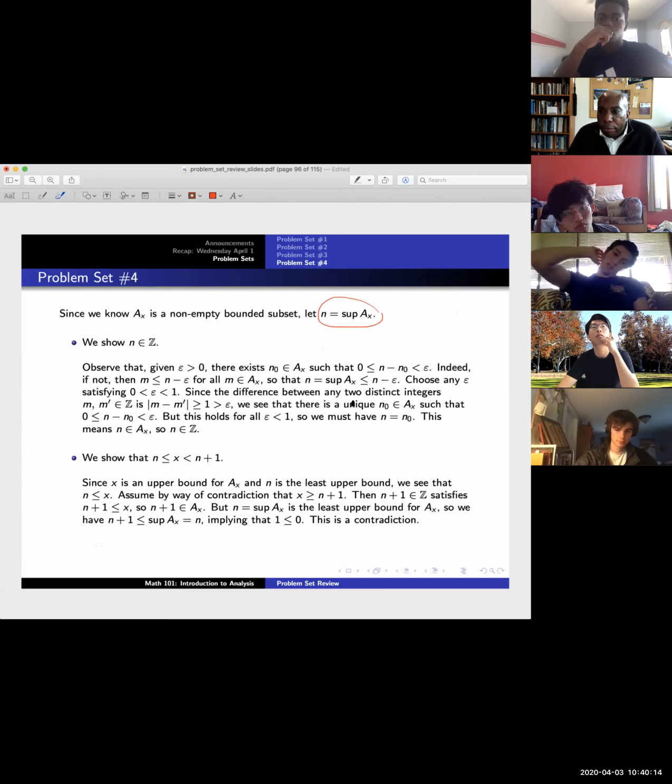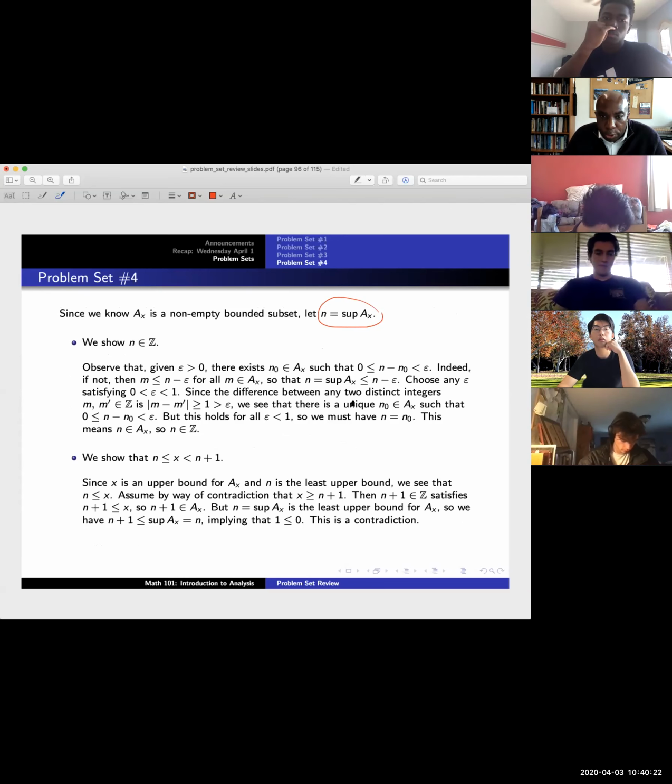I'm going to skim over the other two because we just did those in class. One of the subtleties we did not cover is that n itself has to be an integer. We know that the supremum exists, but we didn't quite show that n itself is an integer. That's what I want to skim over here. Well, say that epsilon is given.